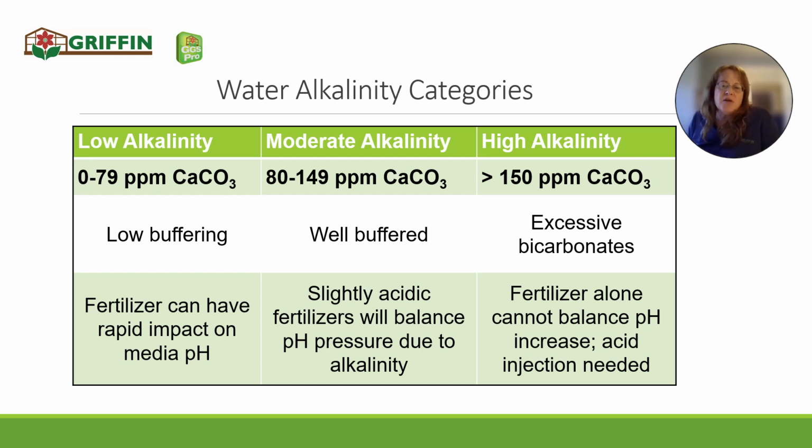And again, we'll use the balance of an acidic and a basic fertilizer to maintain the soil pH in the region we want. High alkalinity water has really excessive bicarbonates. The fertilizer alone is not strong enough to overcome that high alkalinity. And so our solution is to inject acid to reduce the alkalinity down into this moderate range.